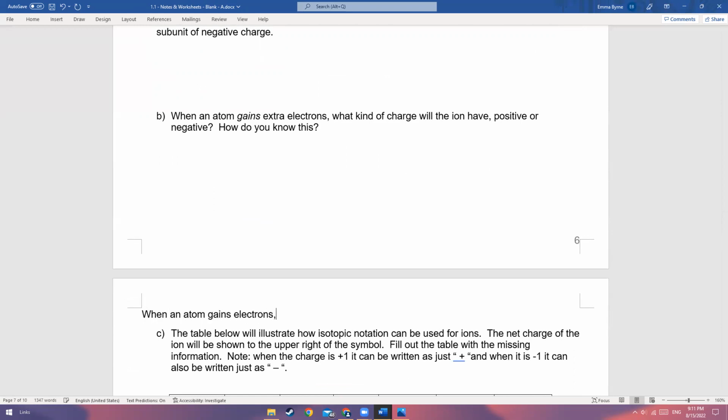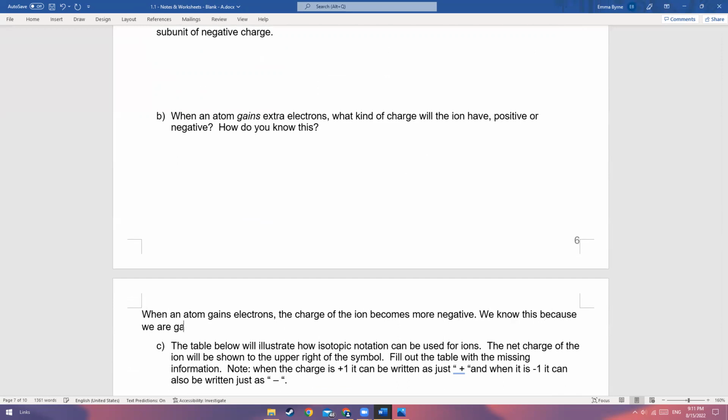When an atom gains electrons, the charge of the ion becomes more negative. We know this because we are gaining subunits with a negative charge.